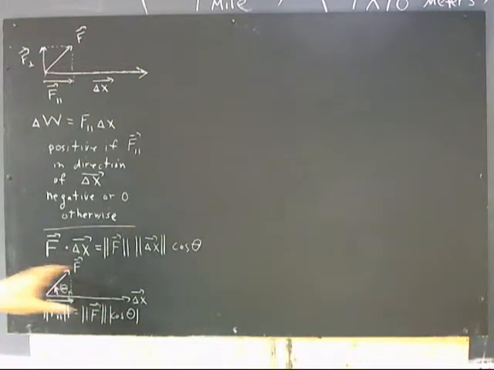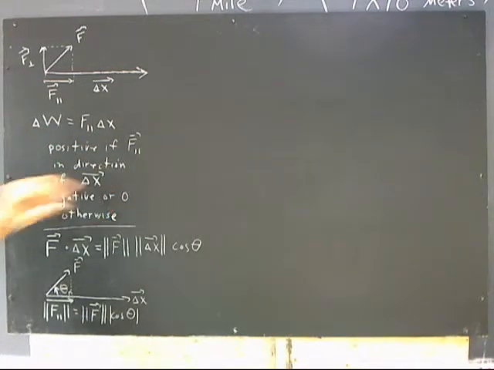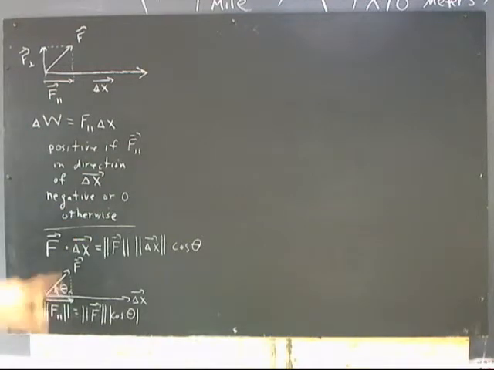So this formula takes care of the caveat I had here. When I made this definition, I had to say that this thing's positive if F parallel is in the direction of delta X, negative otherwise. This dot product is going to take care of that completely.